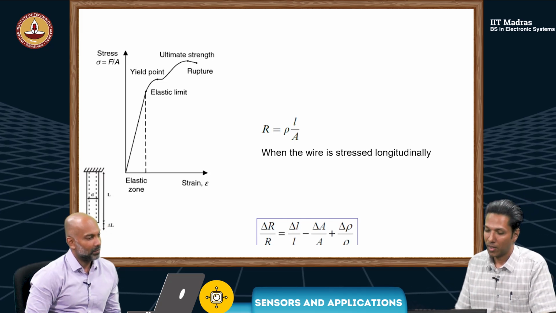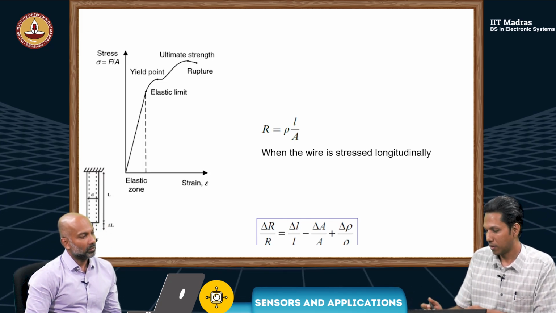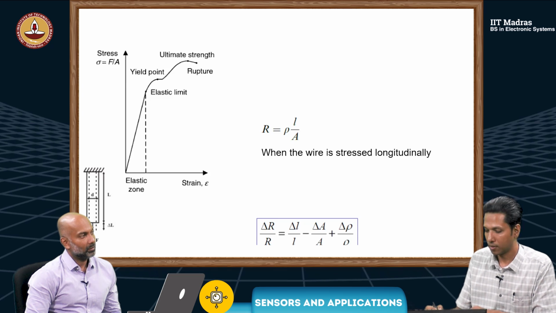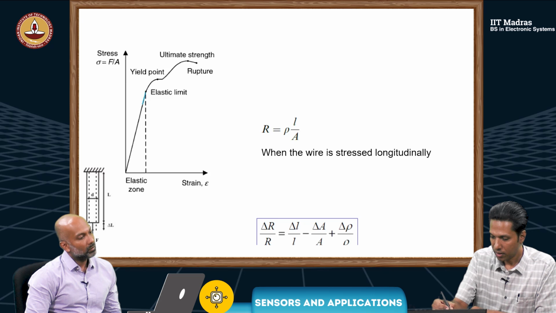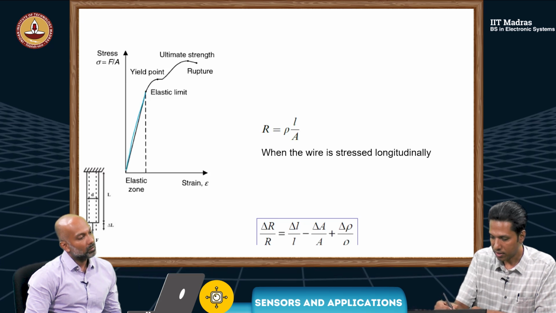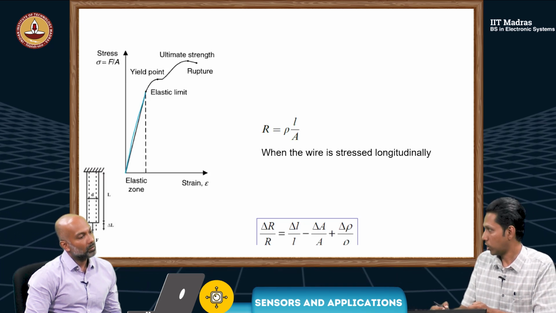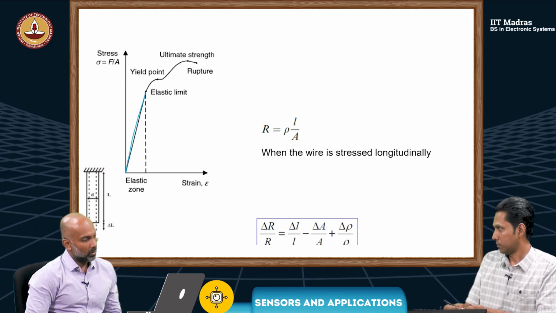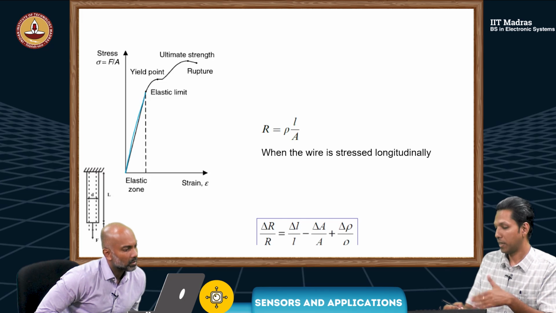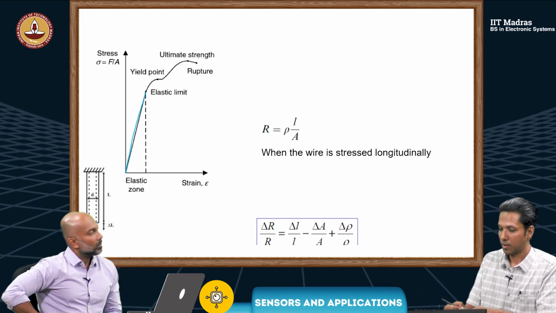For metallic elements, there is some range for which the stress that you apply and the strain that you have is in the elastic zone, and I can say it's linear.